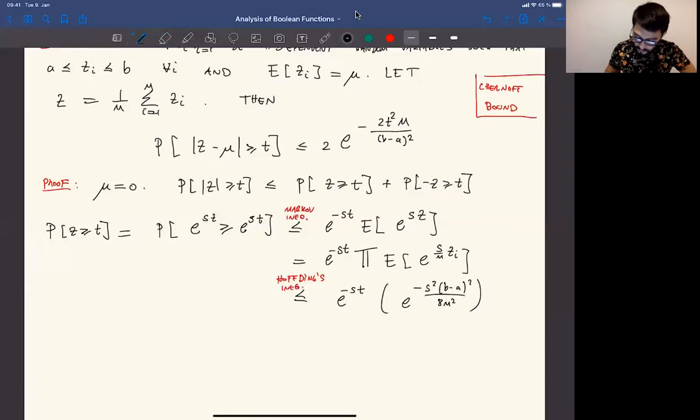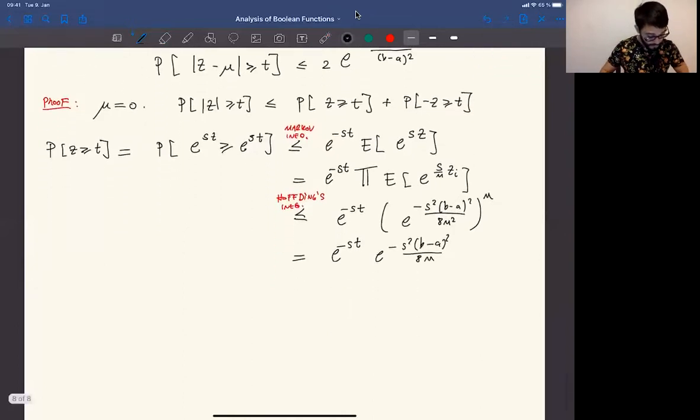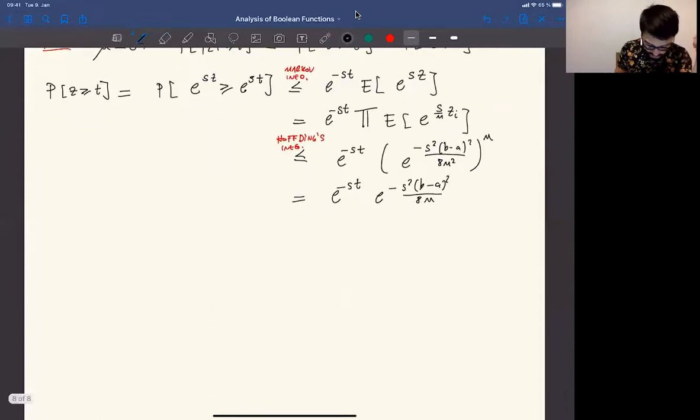And then we have m of these terms, so I have to raise it to the power m. And so in the end, we get this. Okay, and now you choose s that minimizes the right-hand side, and the s that minimizes it is this.